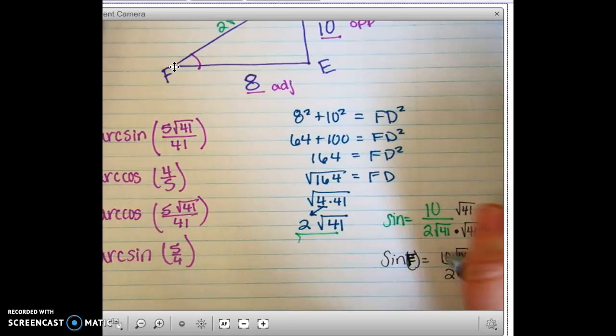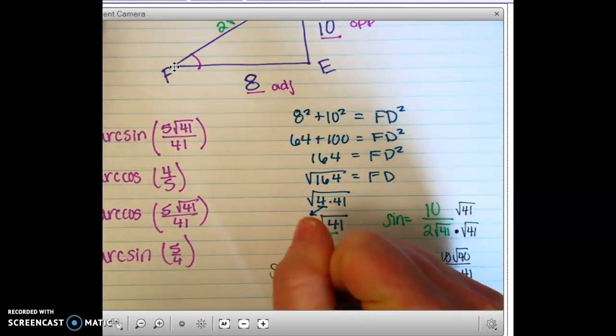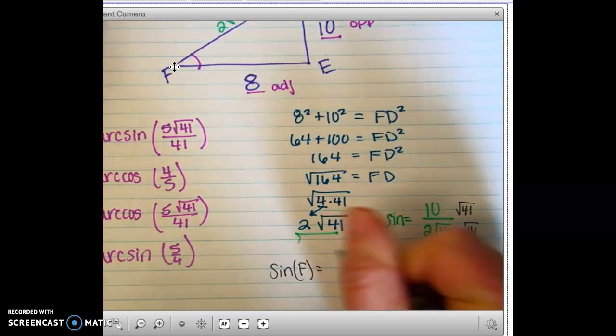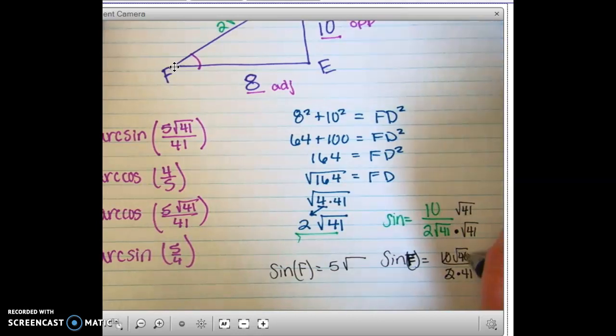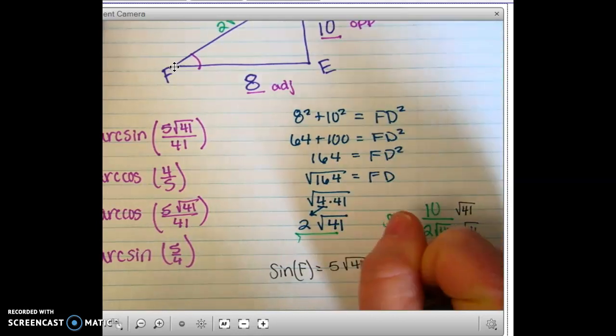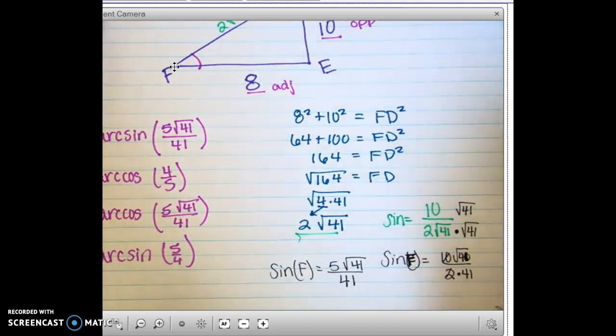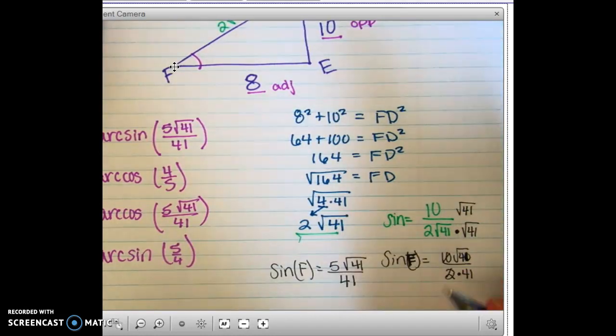The 10 and the 2 reduce. So you have sine F is equal to 5 square root 41 all over 41.